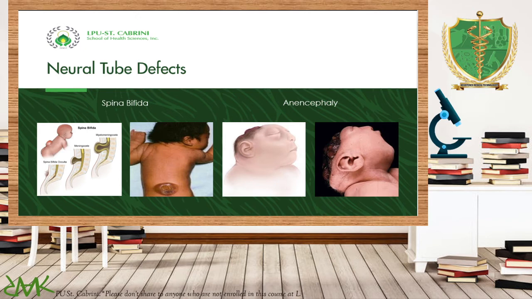While on the other hand, on the other pictures, we have anencephaly. Okay? Abnormal development of the skull and the brain of the baby. Those two conditions are what we call neural tube defects.